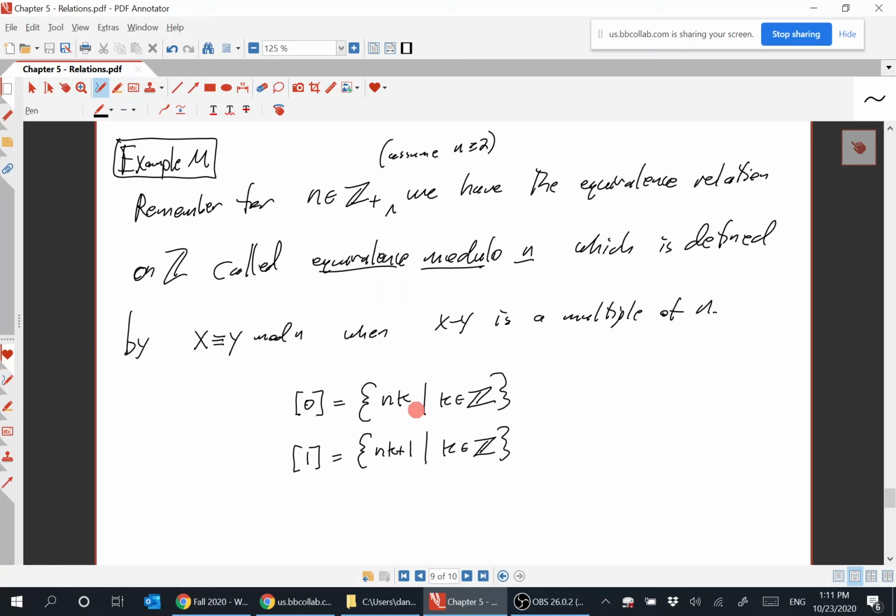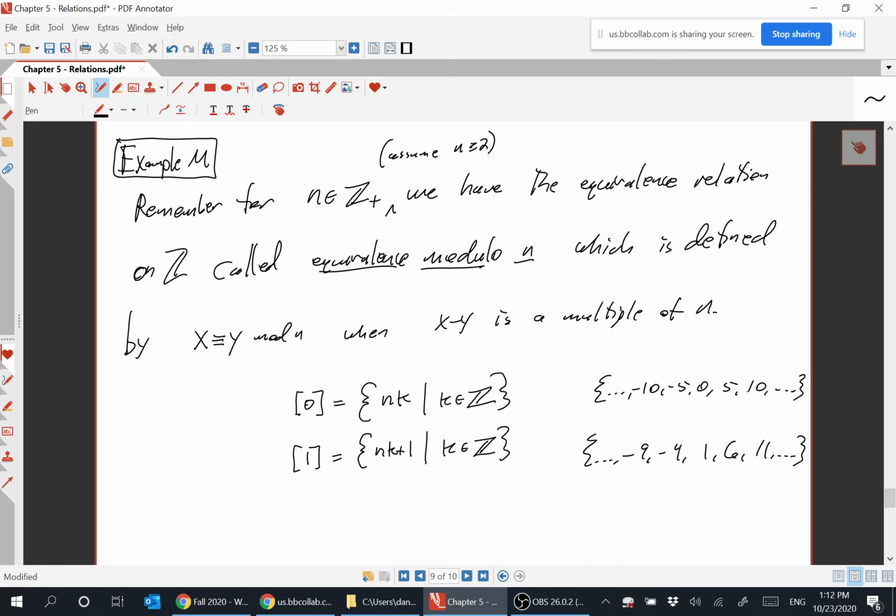Like if n was equal to 5, for example, this set would be equal to, it's got to go in both directions, minus 10, minus 5, 0, 5, 10, like that. And this one would be all of those plus 1: minus 9, minus 4, 1, 6, 11.